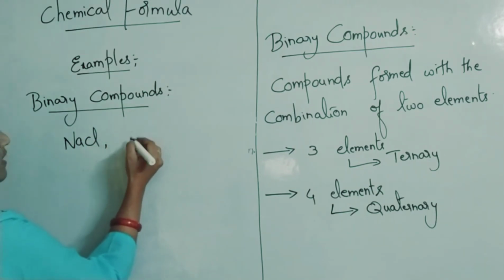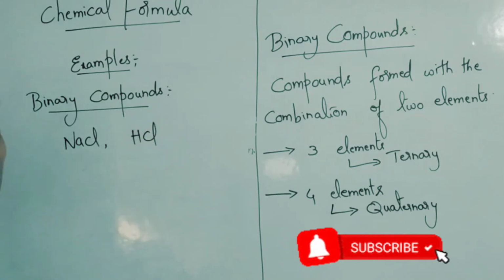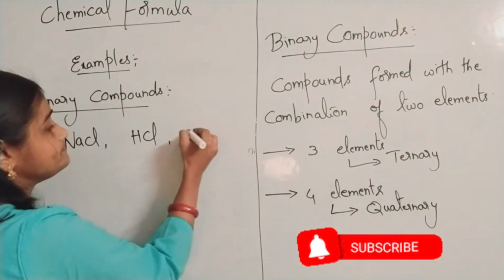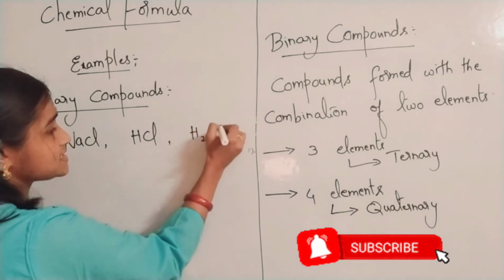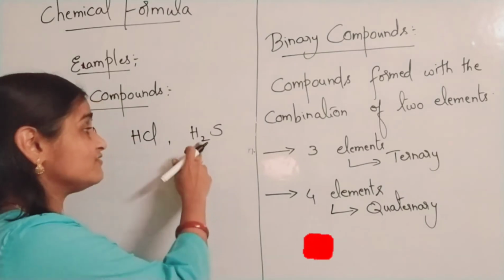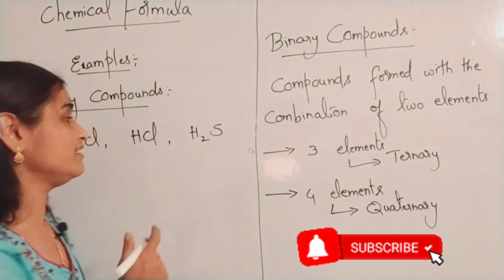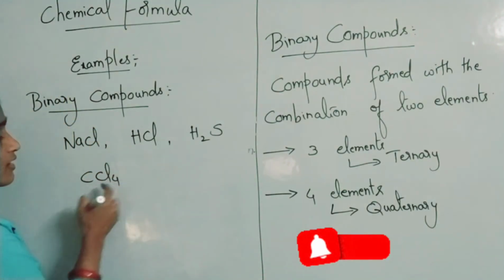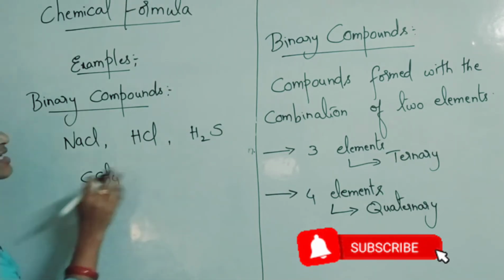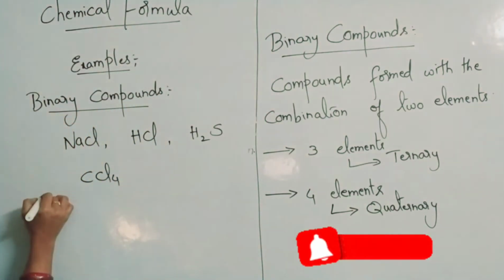We can take the example of HCl, hydrogen chloride, or you can even call it hydrochloric acid. H2S, hydrogen sulfide, made with a combination of only two elements, hydrogen and sulfur. CCl4, carbon tetrachloride, formed by the combination of carbon and chlorine. So all these come under the category of binary compounds.